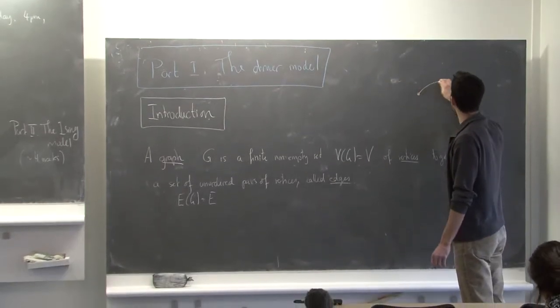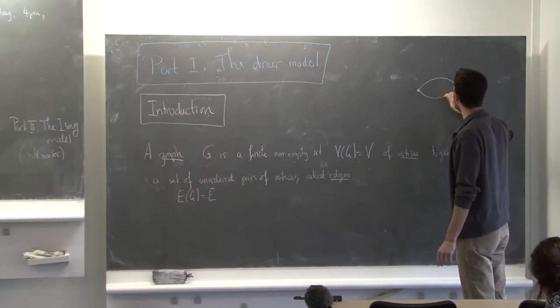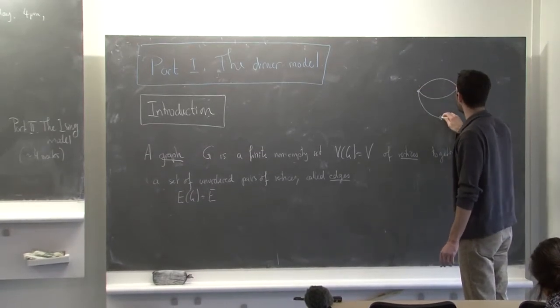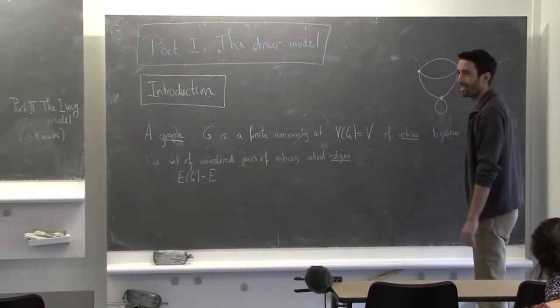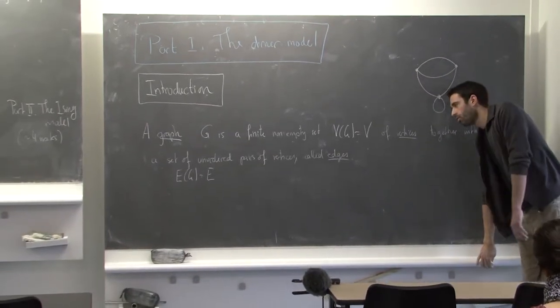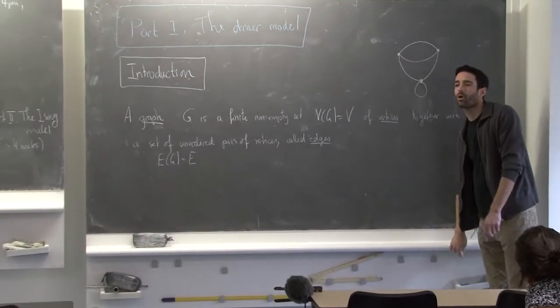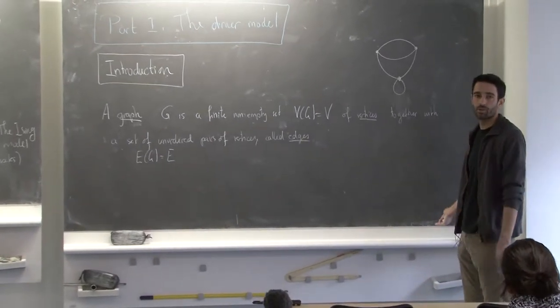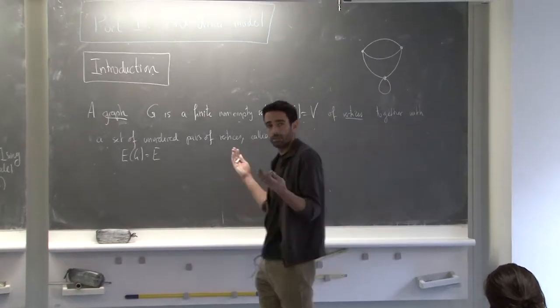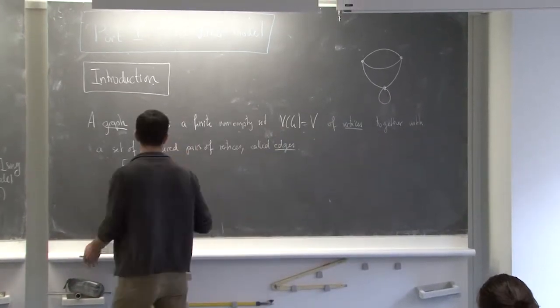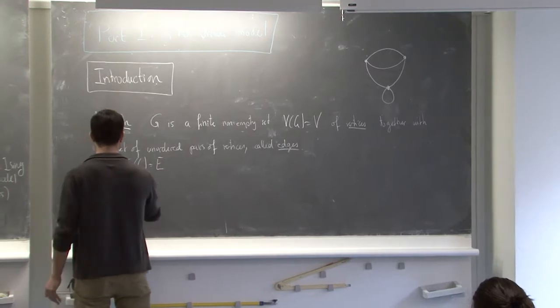We will allow multiple edges, and we will allow loops, even though actually, as far as the Dimer model is concerned, basically we can assume that the graph is simple, that there are no multiple edges or loops, but we can work with this, that's fine. So let me just put this as a remark.